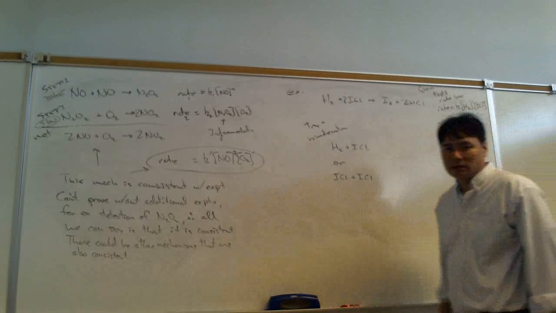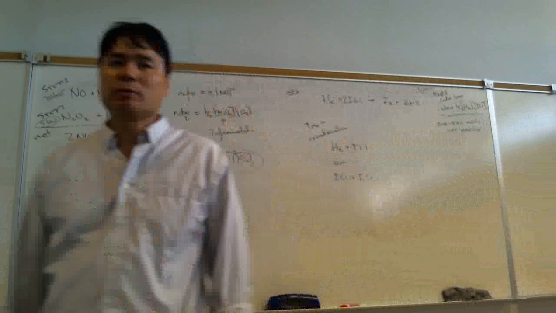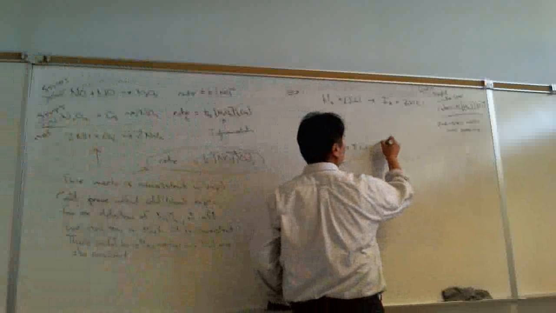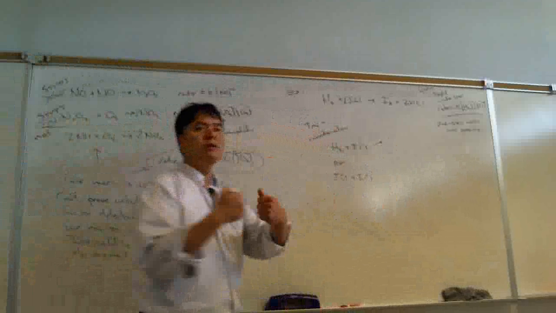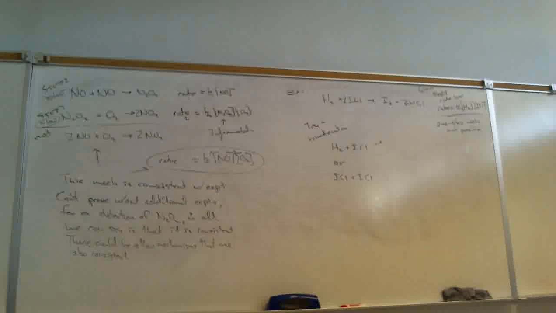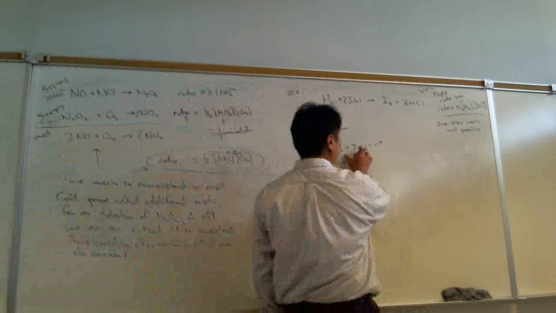Well, let's take a look at these two collisions and come up with potential products for the collisions. For example, if H2 and ICl react, if there's a collision between these two, what might form? HCl and HI?